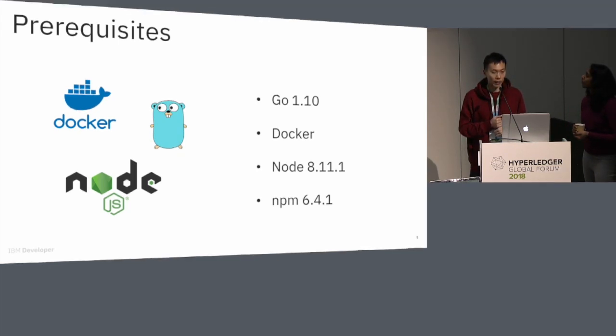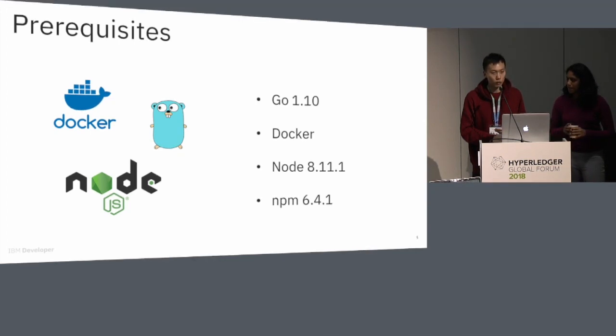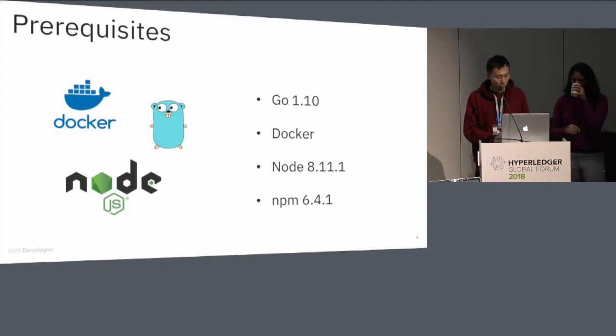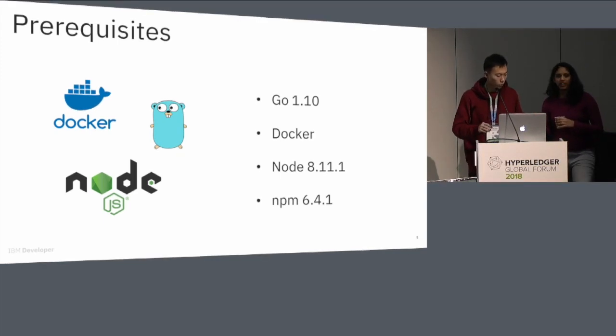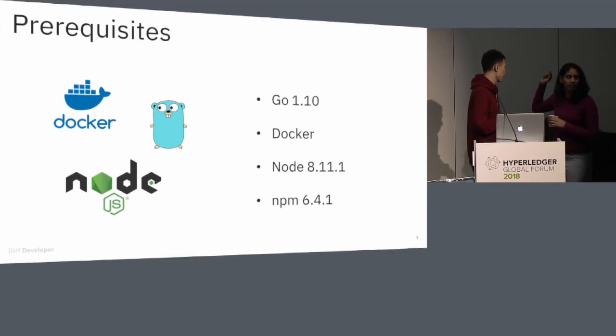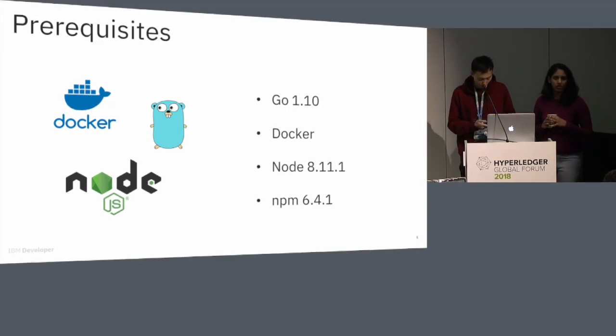We're expecting Node 8.11.1. I think 8.9 should work. Yeah, 8 point something, at least the first long-term support of Node. And of course, we will need npm to install some Node packages. Do people need a second to get these installed, or are we all on the same page?